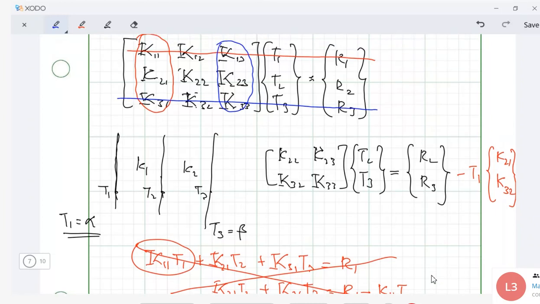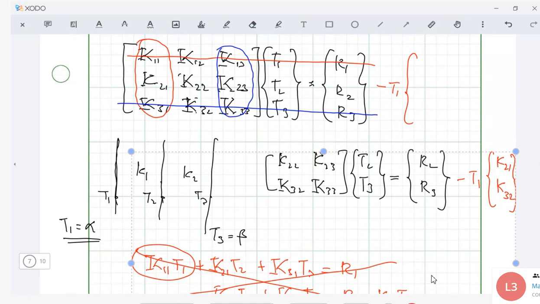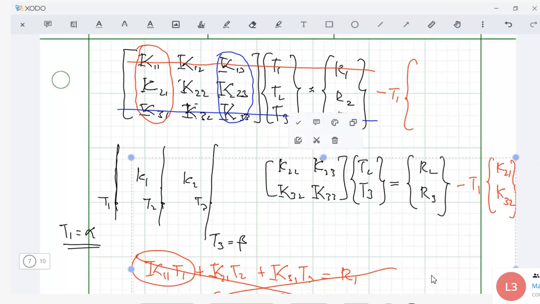So if I write it here, let me use my red pen. Minus T1 times K11, K21, K31.